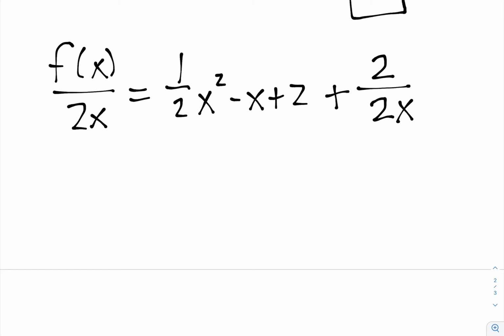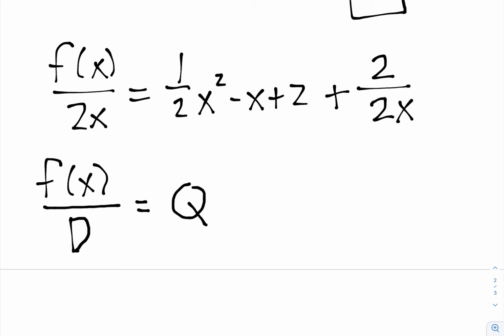The notation they seem to use is f of x, the function, divided by the divisor. So they might use a d here or some other notation, equals quotient. So they usually write a q. They might write q of x. It depends, plus the remainder over the divisor.